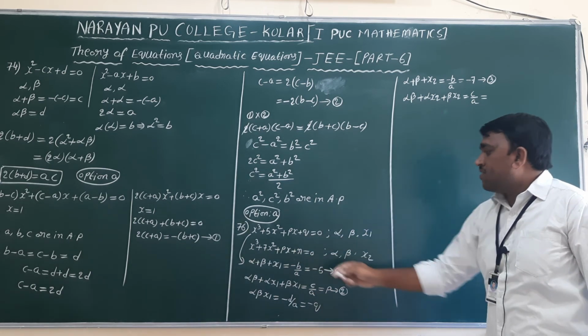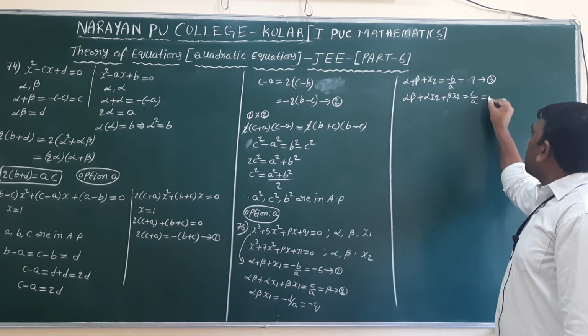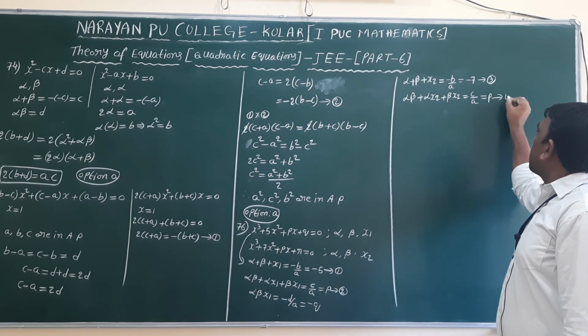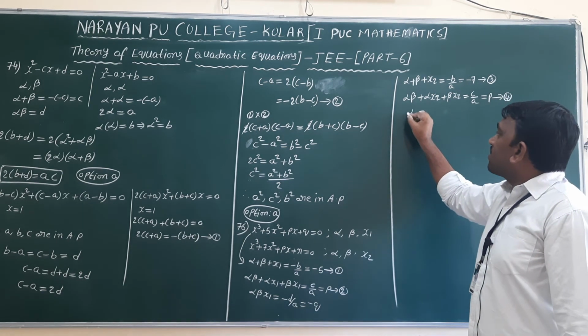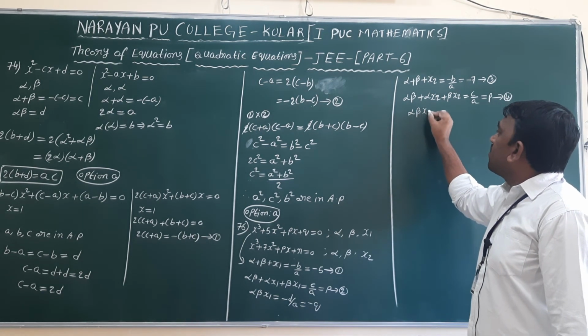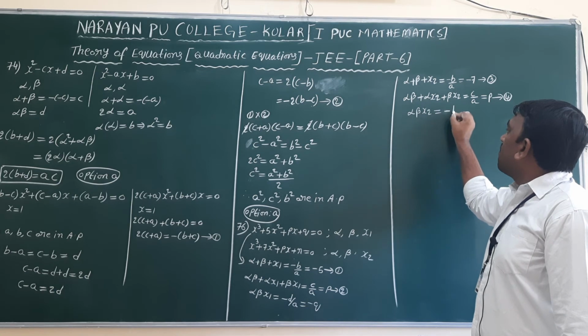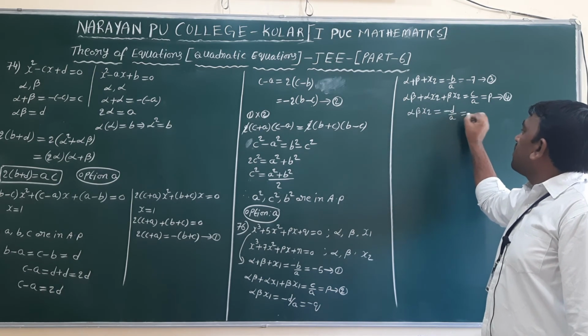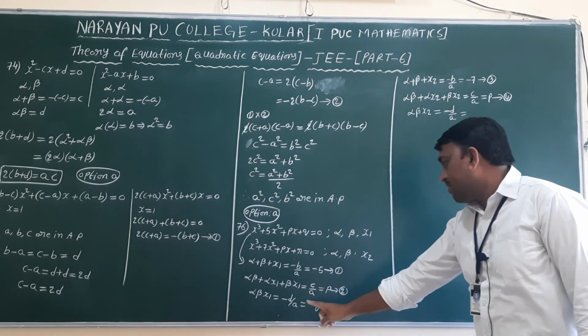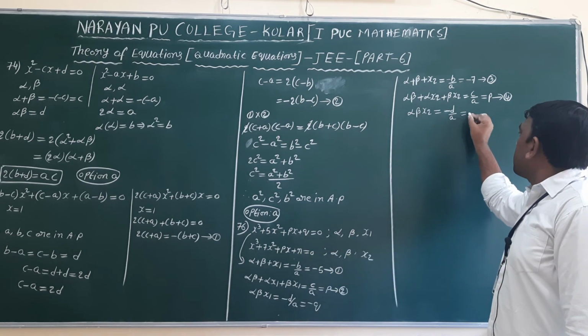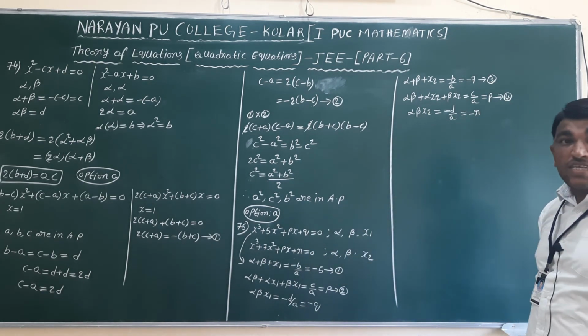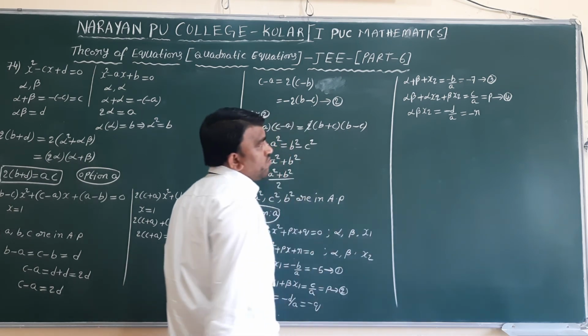C by a value means p by 1, that is p only. You can take equation number 4. So for 3 products, alpha beta x2 is equal to minus d by a. Minus d by a is nothing but minus r. But here it is asking for ordered pairs x1 and x2.